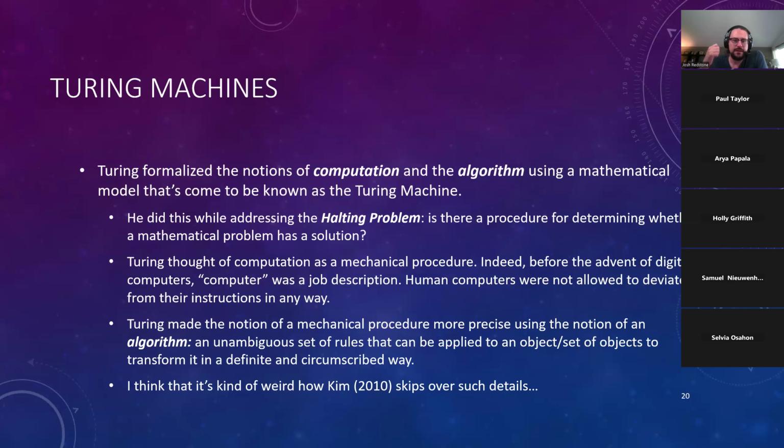So Turing wanted to know, is there a procedure that can do this? To find out, he formalized the notion of computation as a mechanical procedure, right? He basically took what human computers did and said, what if this was automatized by a machine?